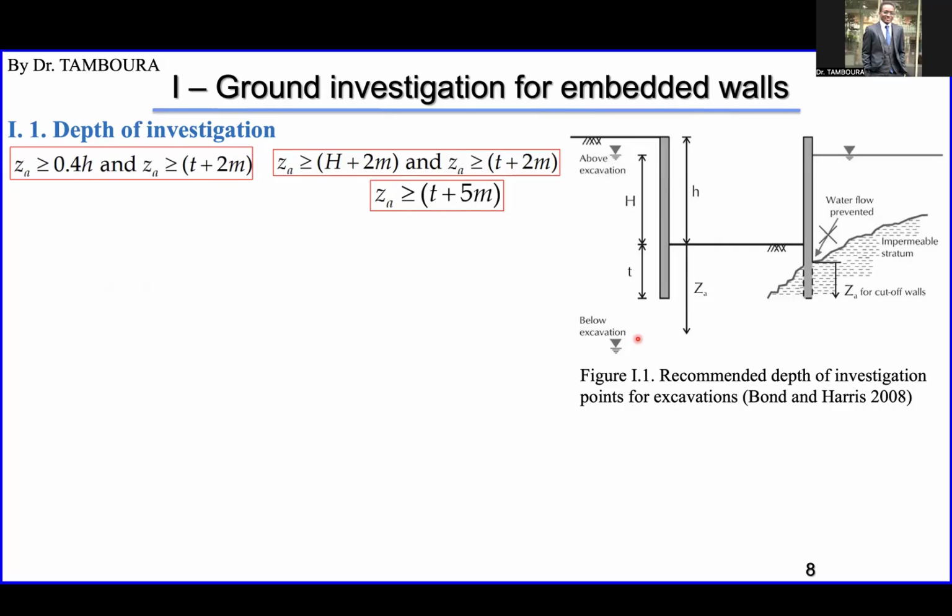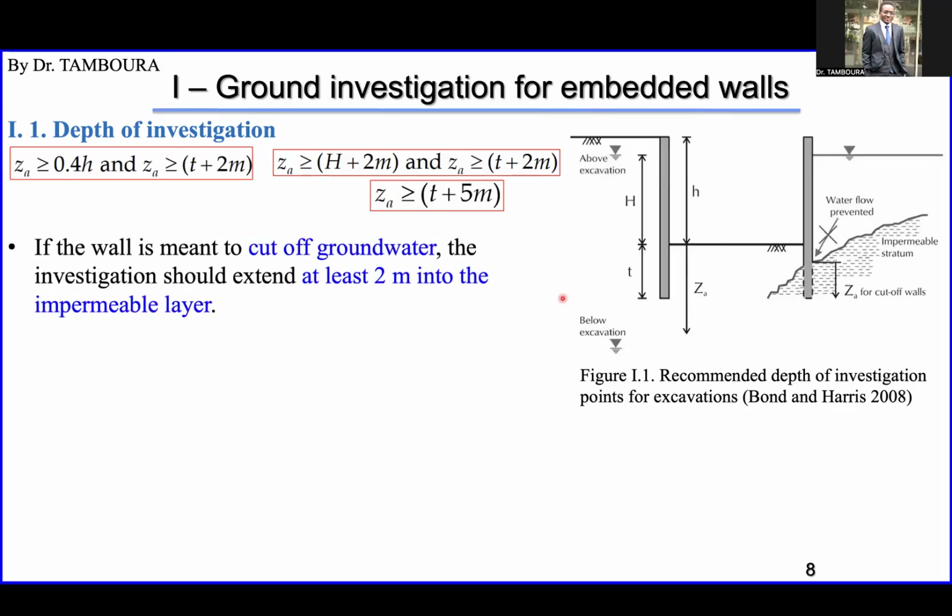Okay, so if now the wall is meant to cut off groundwater, like in this case, you can see the water flow, you cut it. This wall is built to prevent the water flow.